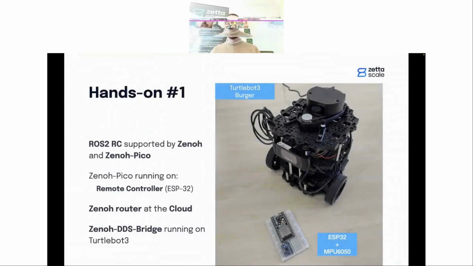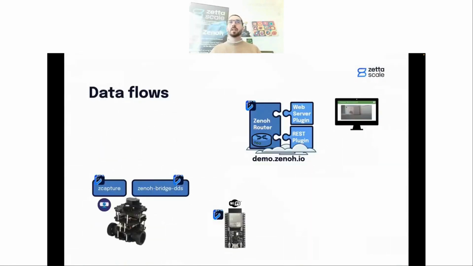Yeah. So basically this is just for you to have a better understanding of the kind of flows that were happening in this demo. We had the camera and the sensors sending the data to our Zenoh router in the cloud, which was then displaying the data in this web server.